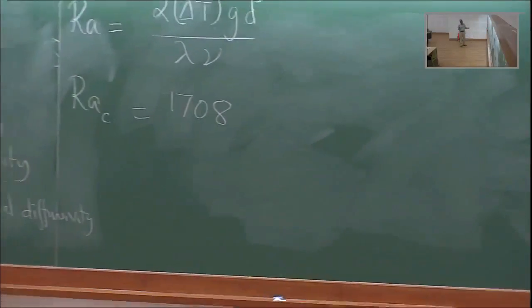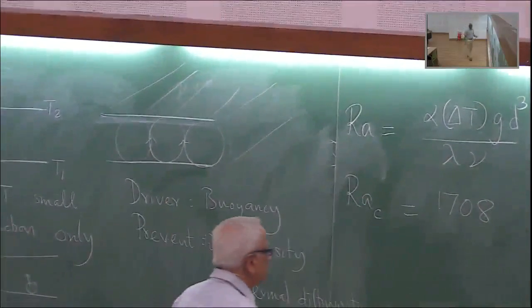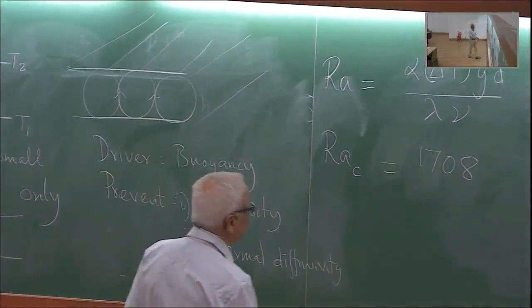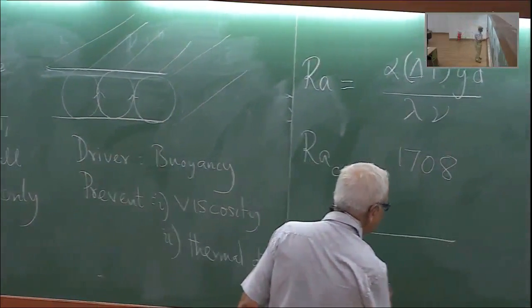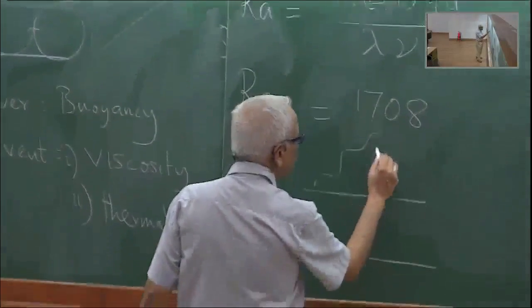And now a set of subsequent instabilities. Remember the slide that Professor Govindan showed, the last slide that she showed yesterday, a sequence of things which happen. So the first thing that happens over here is that this steady pattern of rolls starts to waver.